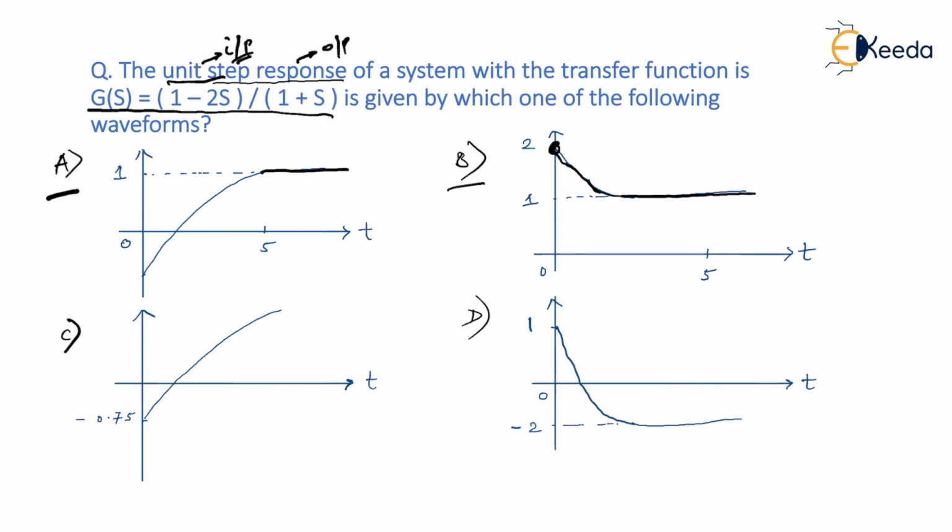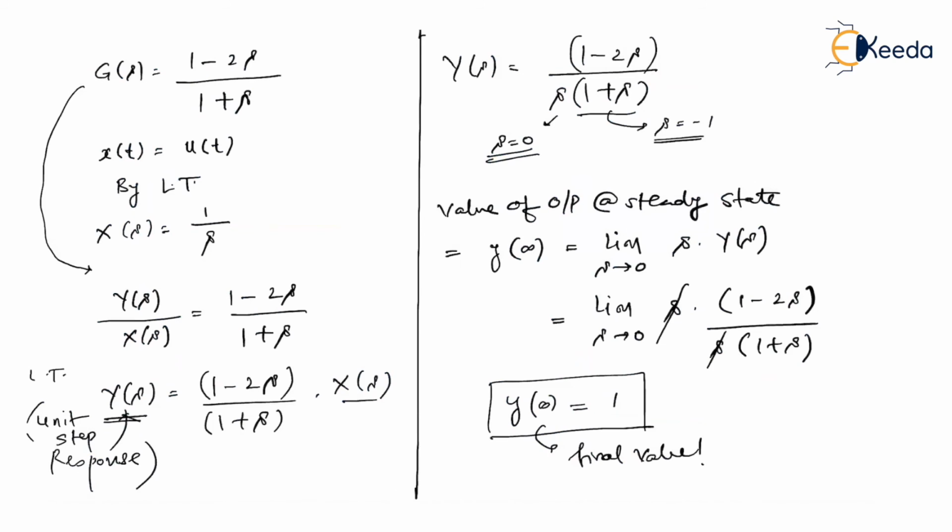So in both the cases, you have final value equal to 1. So we should eliminate option C and option D at least. Again, on the basis of initial value only, we can identify whether the answer is option A or option B.